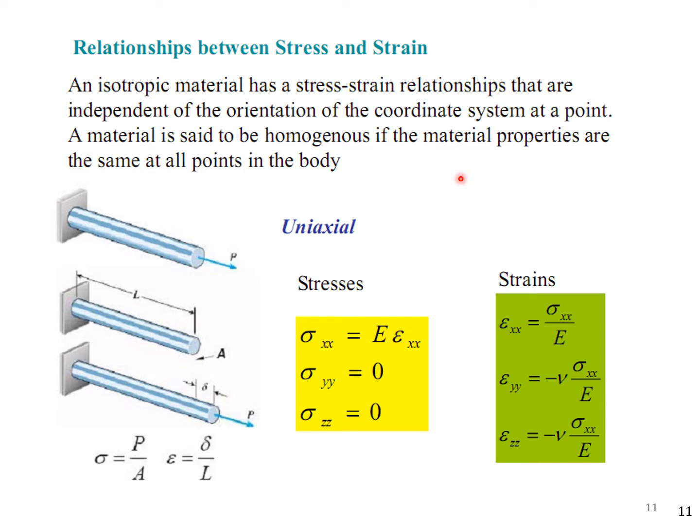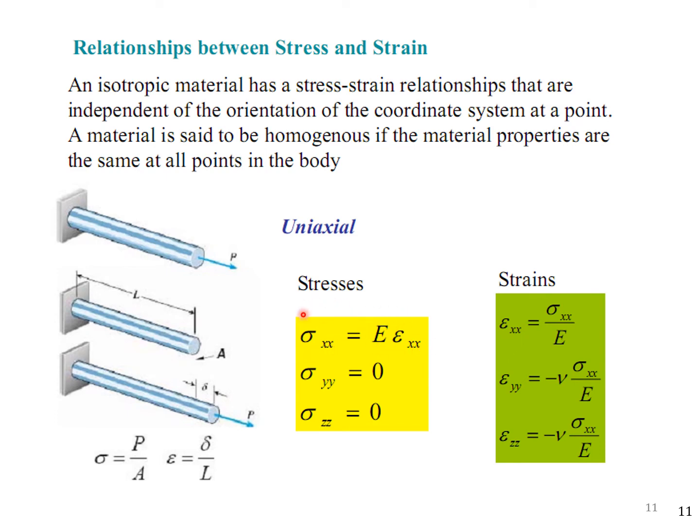Now we will talk about the relation between stress and strain if the loading is uniaxial, biaxial, and triaxial. So what does uniaxial stress mean? For example, we have a rod and we are stretching it. The stress is only in one direction.